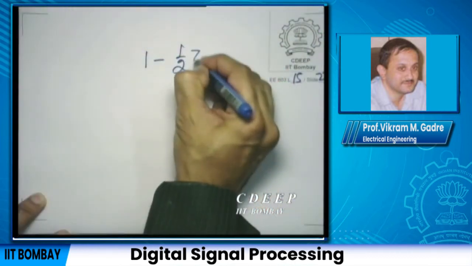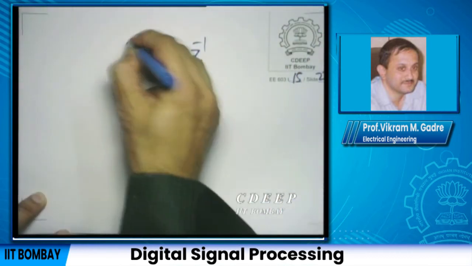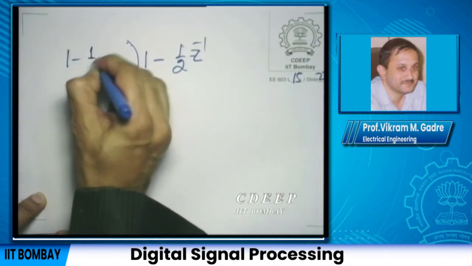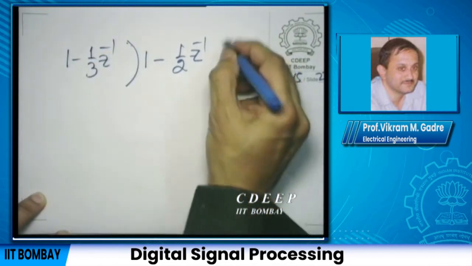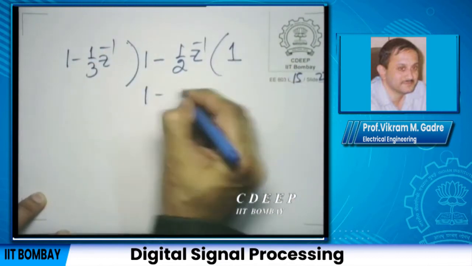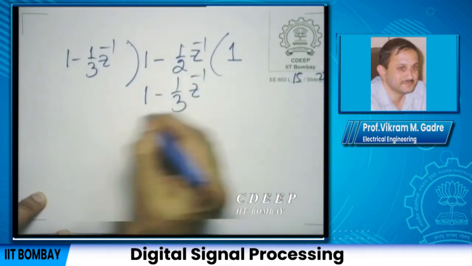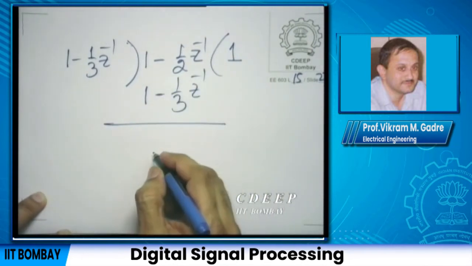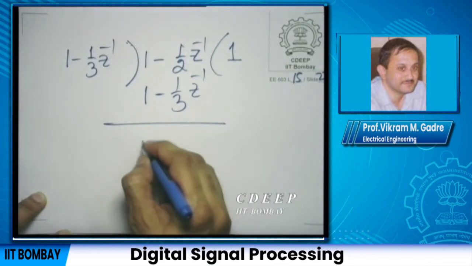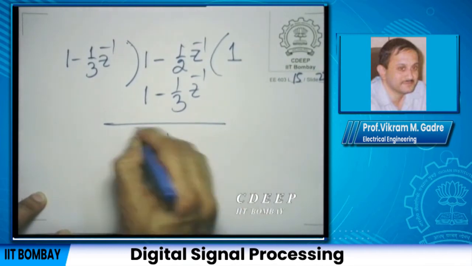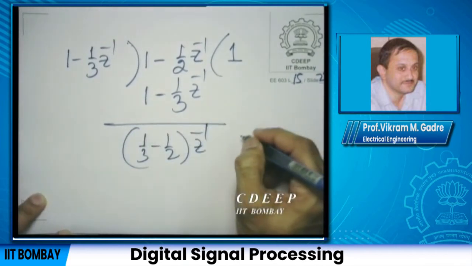So, long division is what we have conventionally studied even with integers, but here it is applied on the rationals. So, 1 minus half z inverse long divided by 1 minus 1/3 z inverse. So, of course, it goes once and you remove a 1 minus 1/3 z inverse, leaving you with 1/3 minus half z inverse on top.